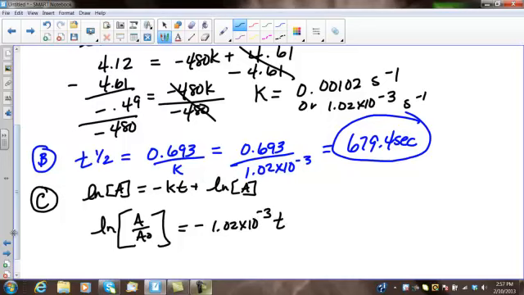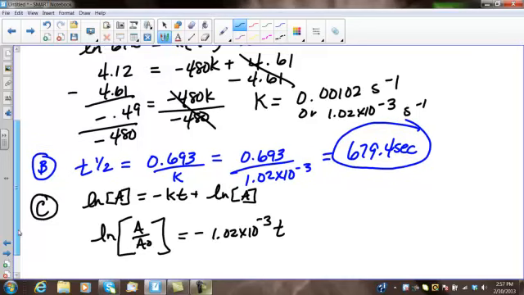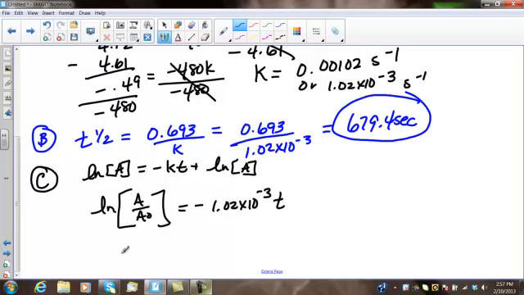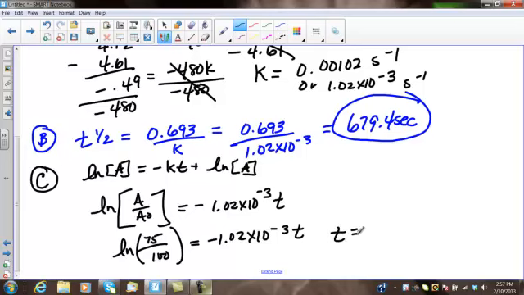And we can solve for t. So at 25% complete, that means that there's 75% remaining. So it's ln of 75 over the initial, which was 100, equals negative 1.02 times 10 to the minus third t. Solving for t, you should get 282 seconds.